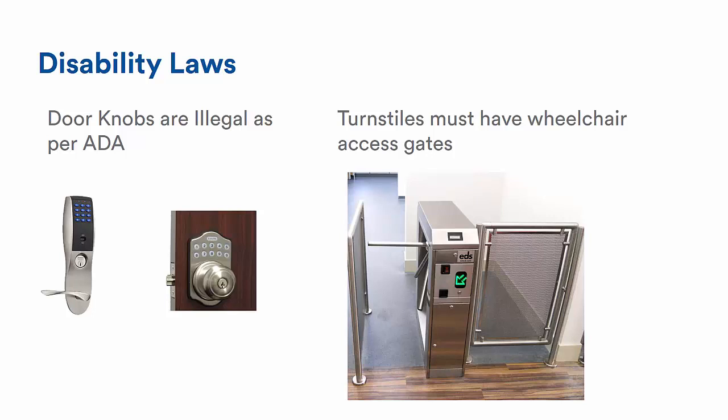Then disability laws affect where readers are placed and the swing of a door, so there's a lot to consider when guiding your customers through their initial design. Ultimately, if we do everything properly, we'll get the approval of an AHJ and receive a certificate of occupancy.